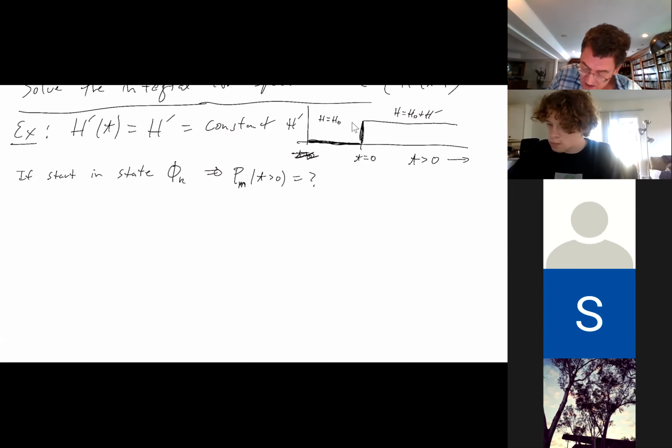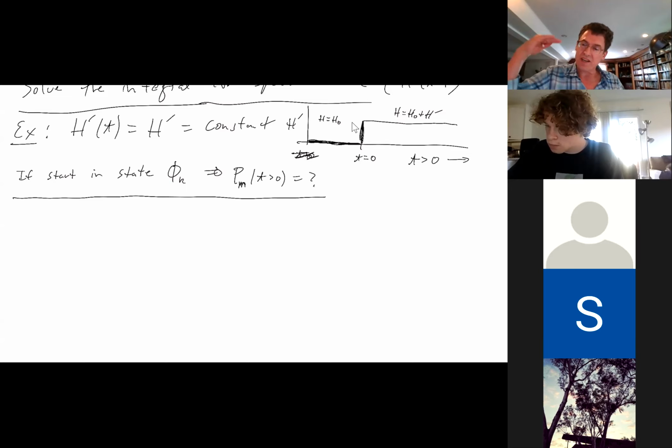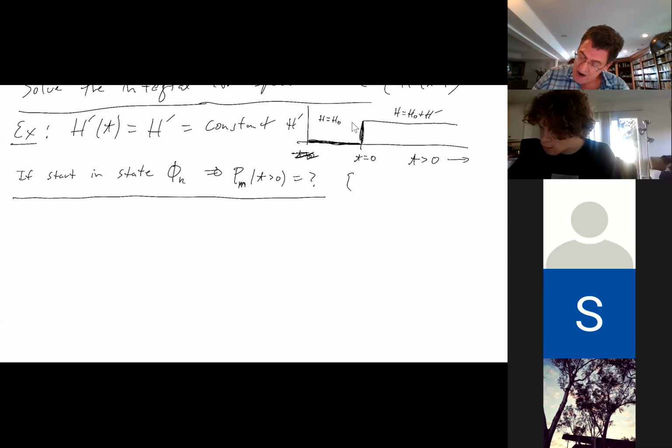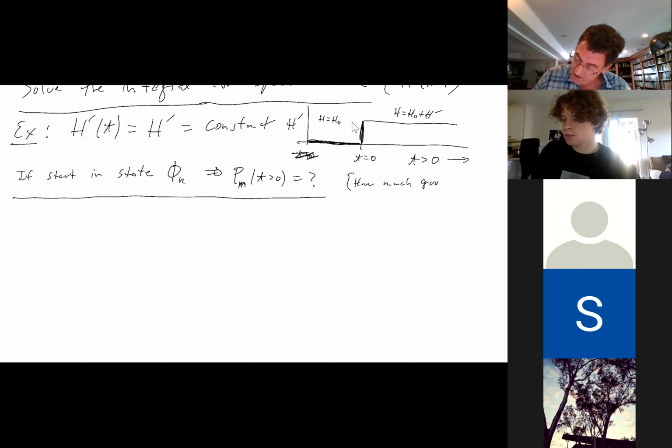That's my question. So we start in some state k, and then I turn on a constant perturbation at t equals 0. And what's the probability at some later time that I end up in some arbitrary state, the mth state? Basically, I'm saying how much green goo has accumulated in that state at time t.